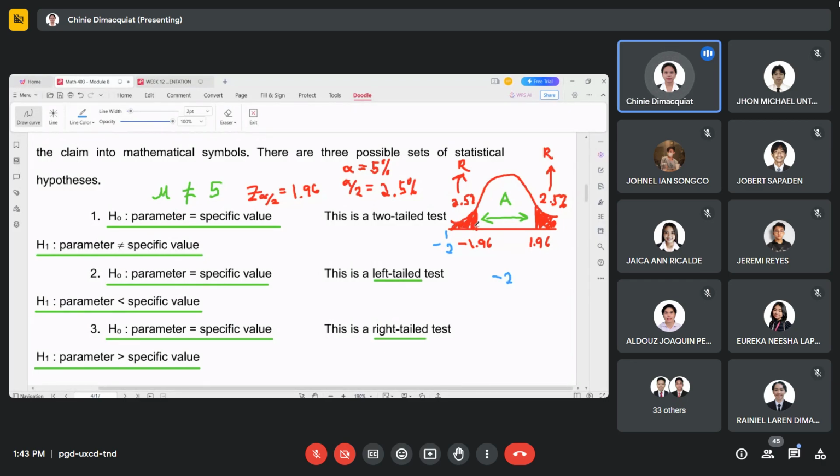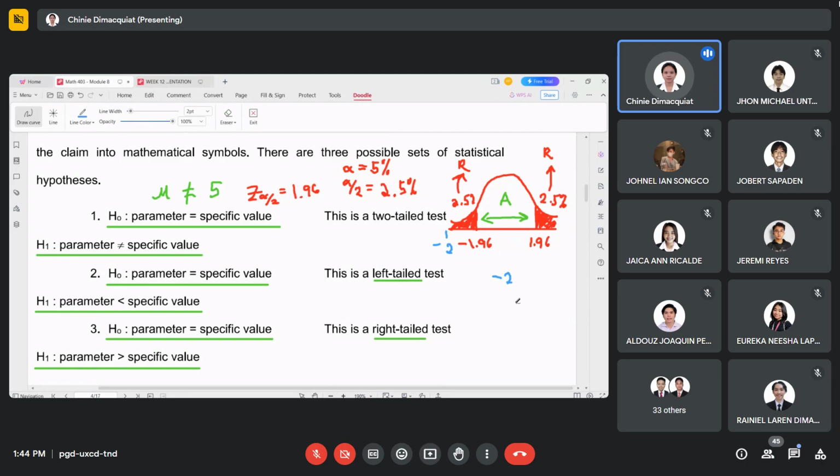This is where our conclusion or decision-making happens, because this is part of inferential statistics. So we need to reject our null hypothesis since the value we got is under this rejection region.